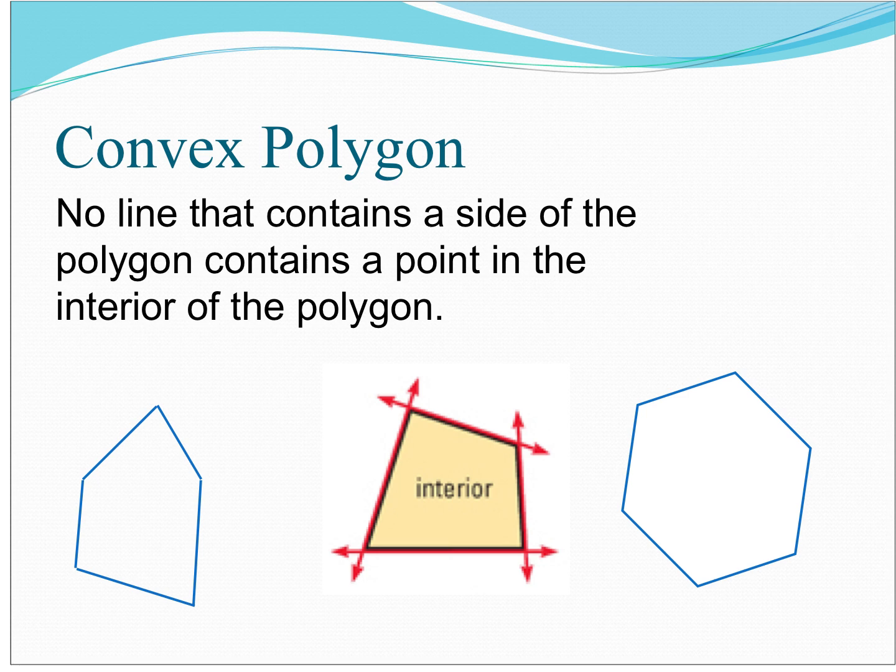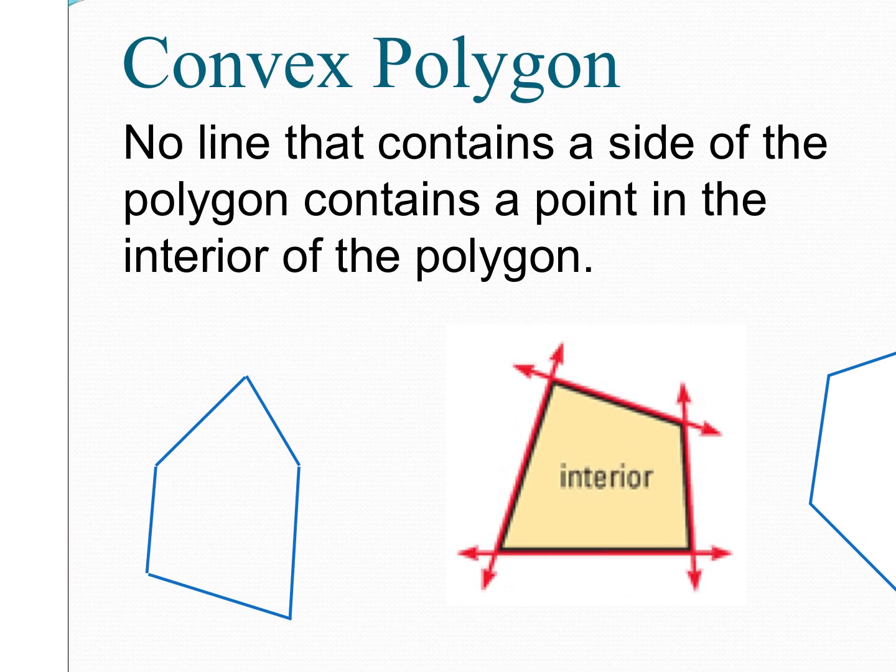All right, convex polygons. If you're looking at the slides, this one's convex, the next one is concave. The difference between them is the word cave. Convex just means if I were to continue drawing these lines on and on, they do not cave inside my polygon.